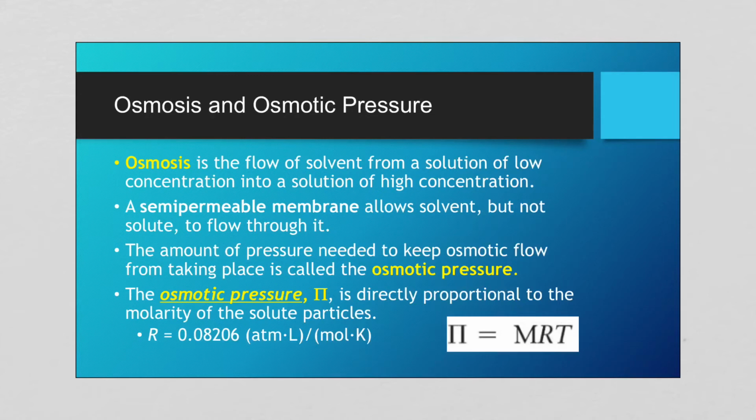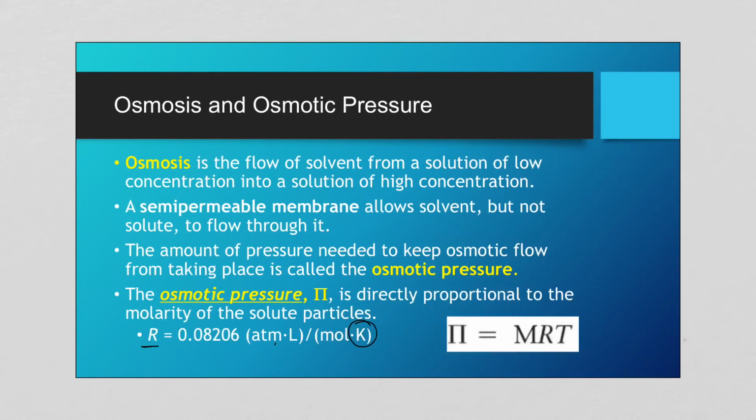Now notice the presence of R, our gas constant. You might remember it from the ideal gas law. Remember, we're working with pressure here, so we're going to have the ideal gas law constant, and this relates pressure, volume, moles, and temperature. So we have a temperature term here, and unlike every other place that we've worked in this chapter, this particular equation uses Kelvin temperature like we did with the gas laws.